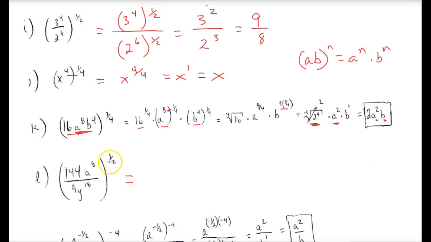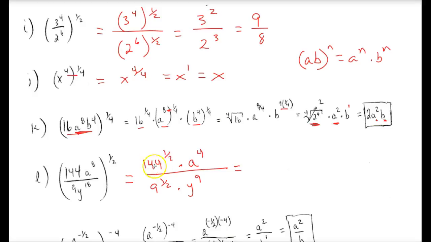For our next example, we can take 144 raised to the 1/2 times a raised to the 8 times 1/2, which is 4. We have 9 raised to the 1/2 times y raised to the 18 times 1/2, which is 9.